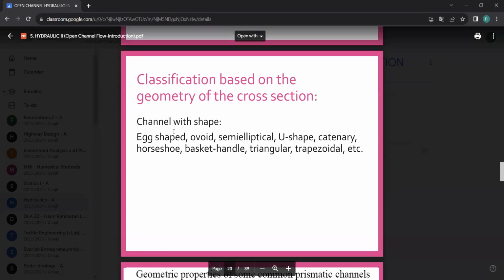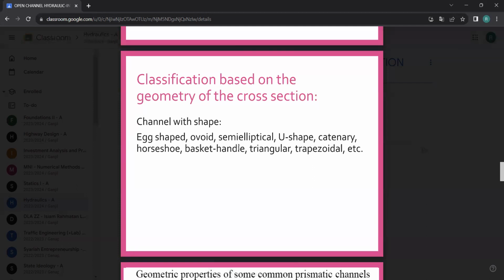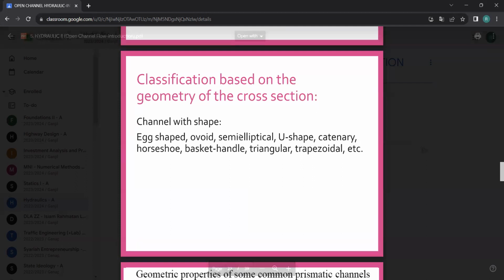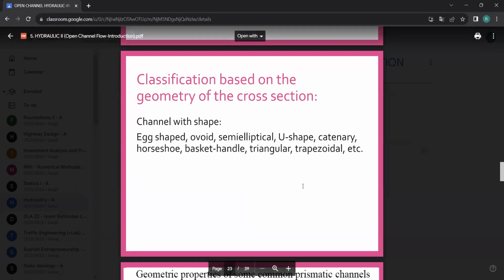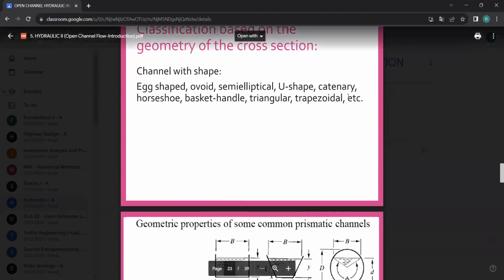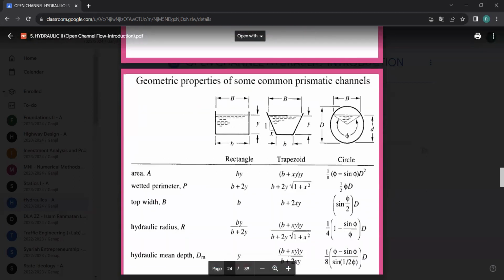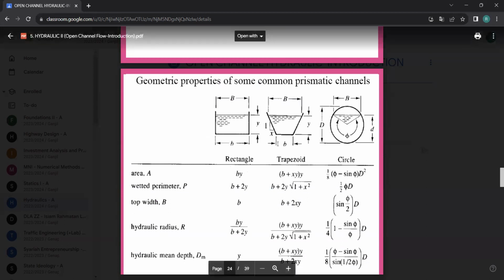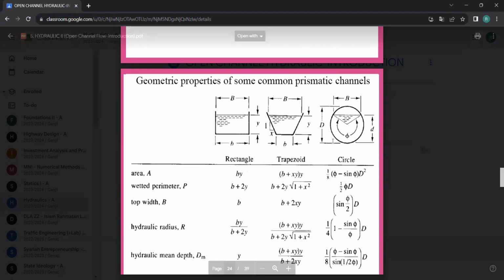This is the classification based on geometry. Channels with shapes such as semi-elliptical, U-shape, secondary, horseshoe, rectangle, triangular, trapezoidal, and so on. And this is the geometry properties of some common prismatic channels. This is rectangle, this is trapezoid, and this is circle.